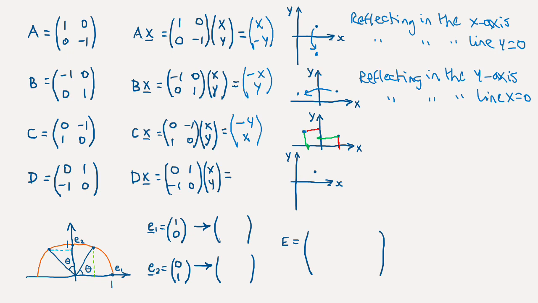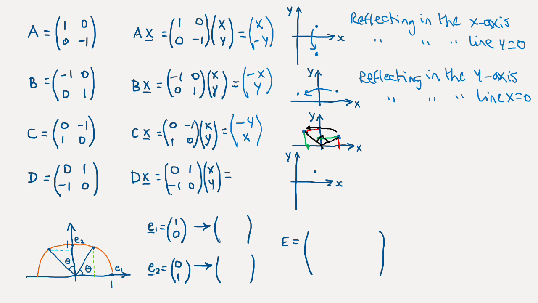Okay, so the point that started at x, y has been transformed to the point that ends up at minus y, x. And so what's happened is, if I just draw this diagonal here and this diagonal here, the point has been rotated 90 degrees in the counterclockwise direction.